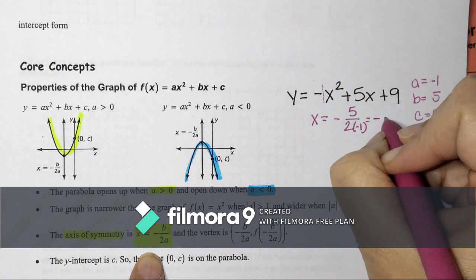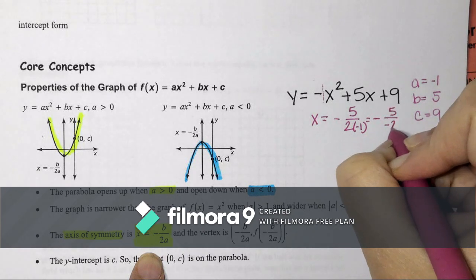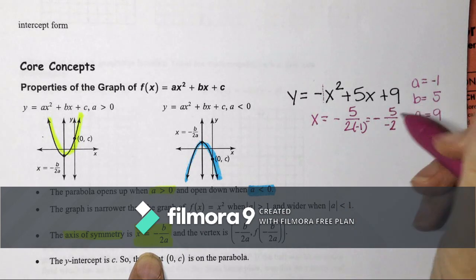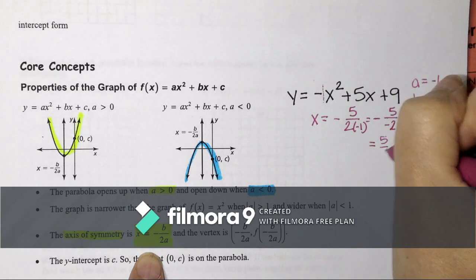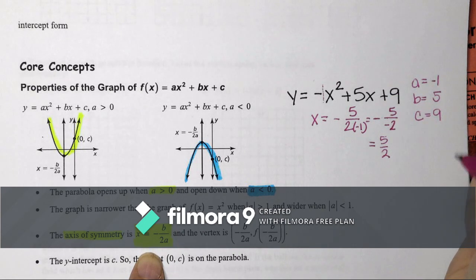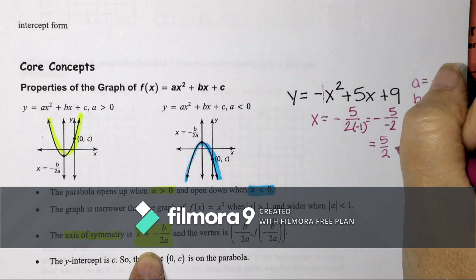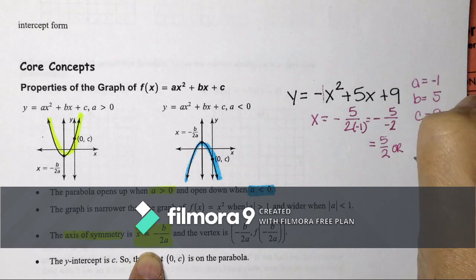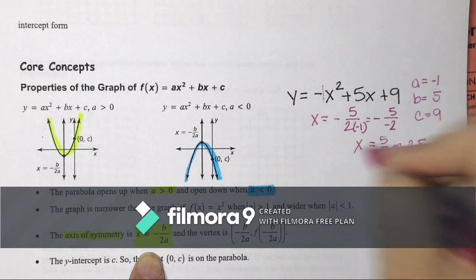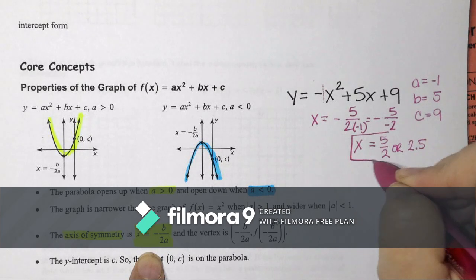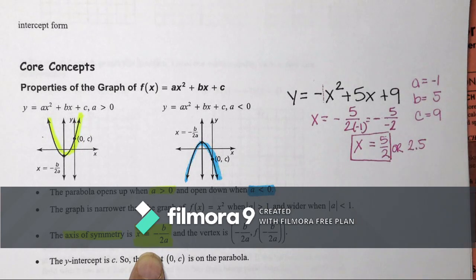So we have negative 5 over negative 2. A negative times a negative gives us a positive, so x actually is 5/2, or if you don't want the fraction, 5/2 is what, 2.5? Well, I hope so. Okay, so the axis of symmetry is x equals 5/2.